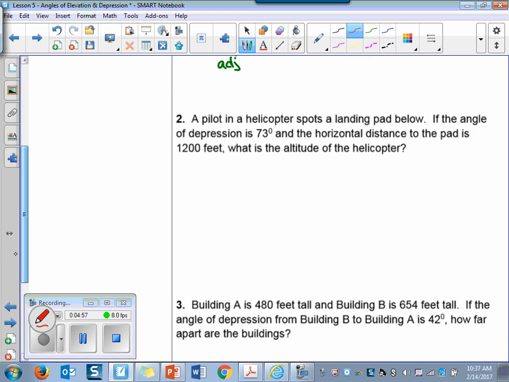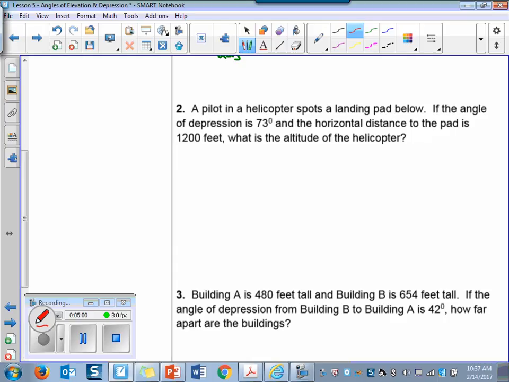A pilot in a helicopter spots a landing pad below. So, don't you love my drawing skills? There's my helicopter. And here's my landing pad. I am told the angle of depression, so I need a horizontal.